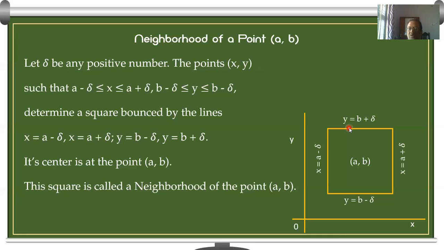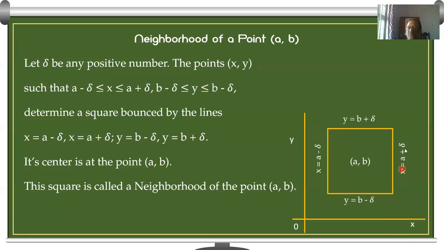Now, if you take x equal to a minus delta, it is a straight line parallel to the y-axis, and x equal to a plus delta is also a straight line parallel to the y-axis. Similarly, y equal to b minus delta and y equal to b plus delta.